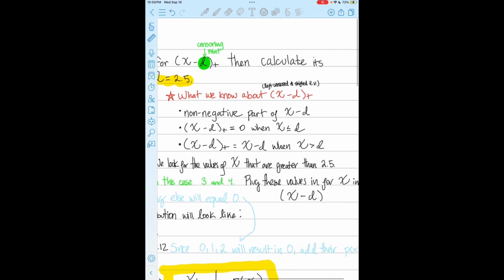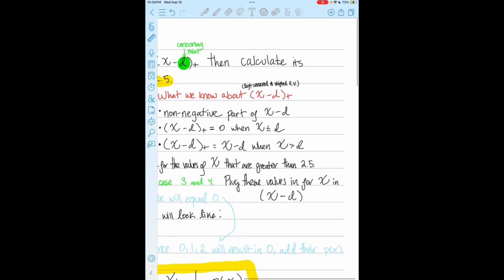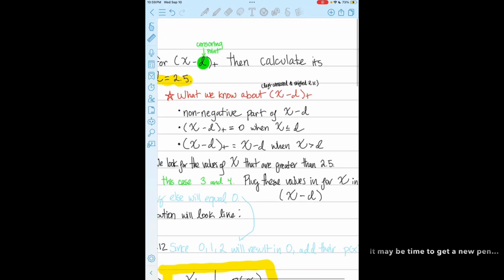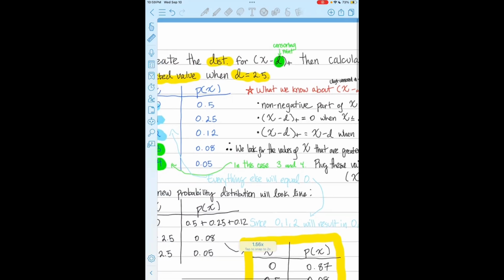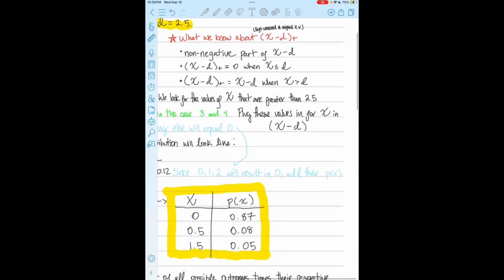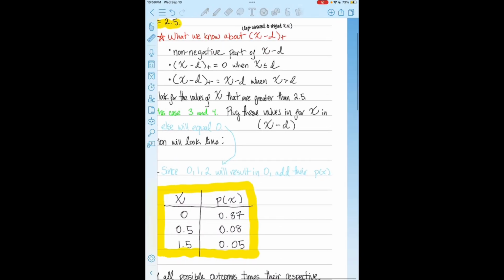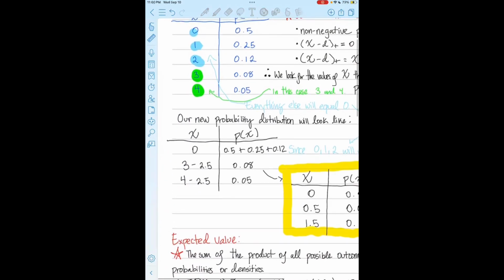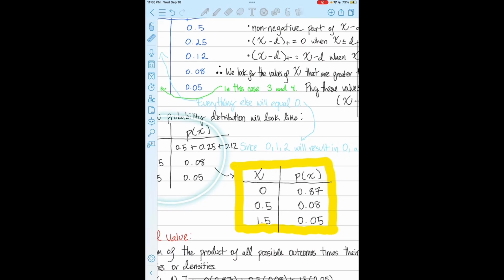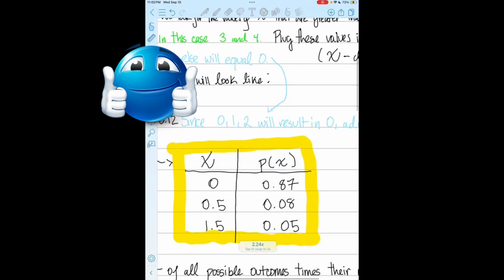Well, since they are less than 2.5, or less than d, they would all go to 0. Also, since 0, 1, and 2 will result in 0, we add their probabilities. So after doing all this, we get this, and this would be our distribution.